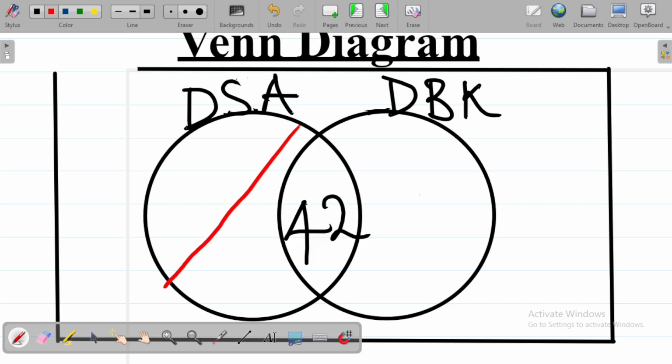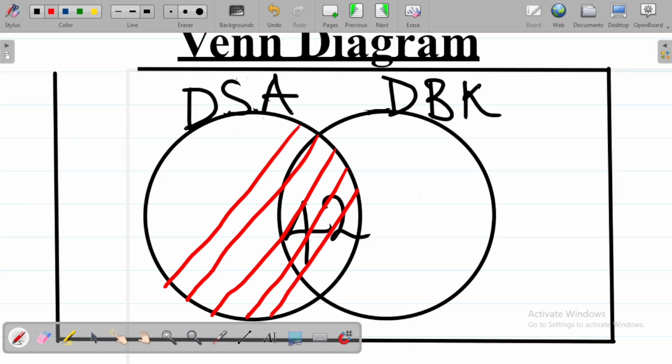This is the entire first circle, which is DSA, as given in the question, is 45. And we are told that the number of voters who believe David is still alive is 45.